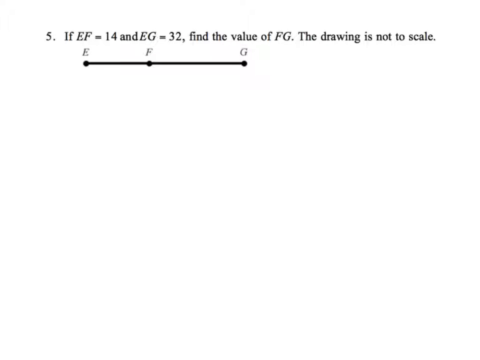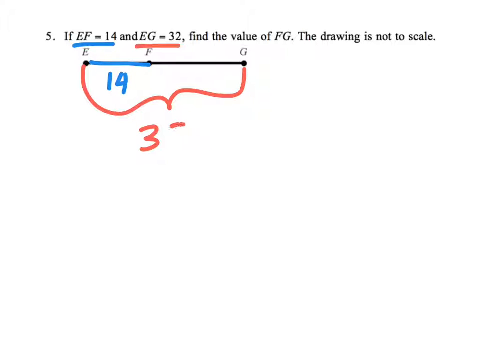The next one, we have if EF equals 14, so this first part is 14, and EG equals 32, so this whole thing is 32. Find the value of FG.